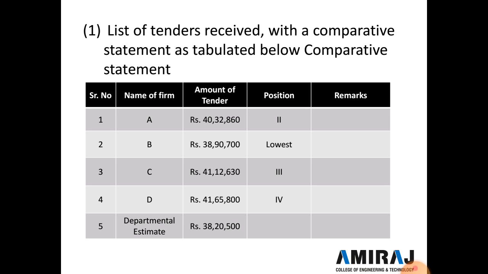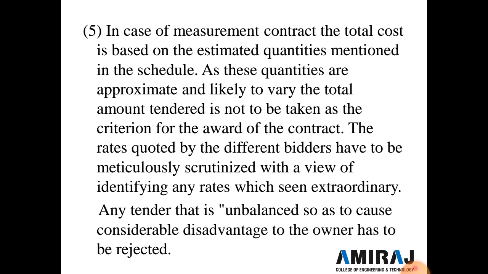In such cases, the contract may be awarded to the lowest bidder. In the case of a measurement contract, the cost is bid on an estimated quantity mentioned in a schedule. As these quantities are approximate and likely to vary, the total amount tendered is not to be taken as the criterion for the award of the contract.